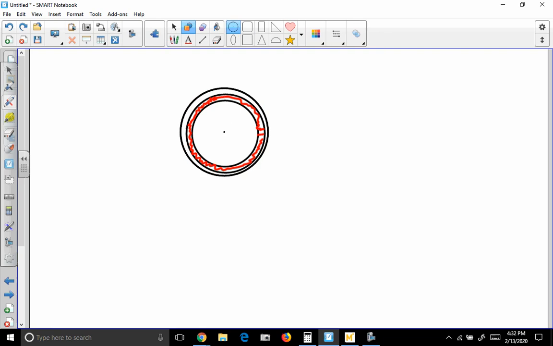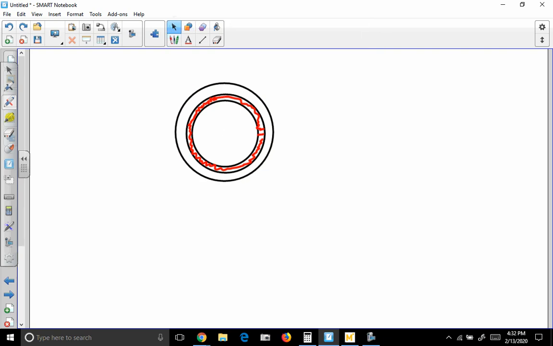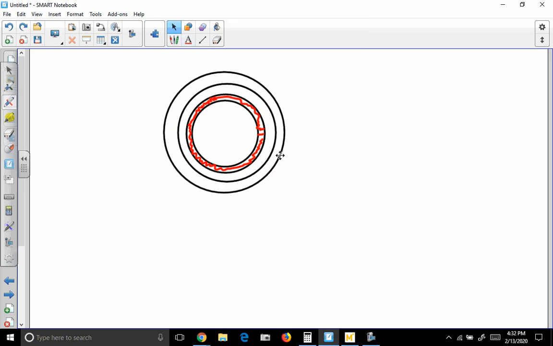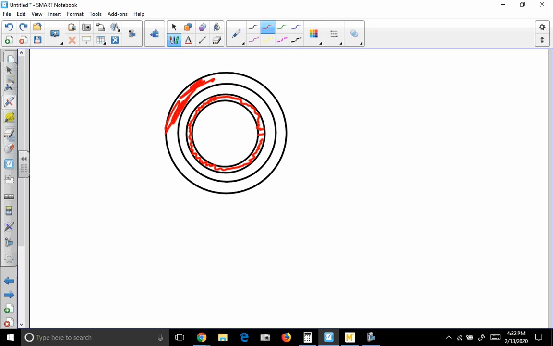But the larger it gets, even if I change the radius the same amount, I'm changing the area a good bit more. Notice this ring is significantly larger than the inside ring. So if my radius were growing at a constant rate, the larger it gets, the more my volume is increasing.